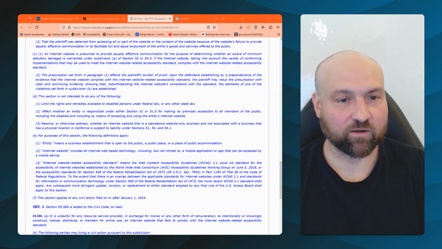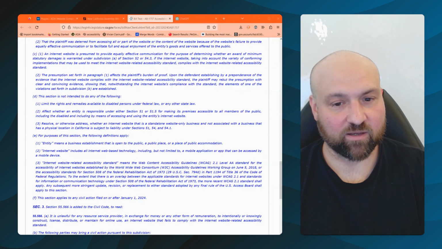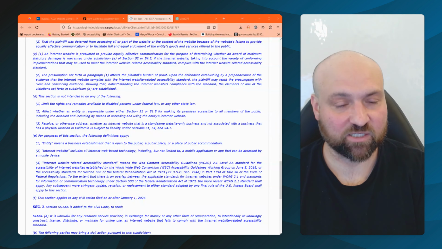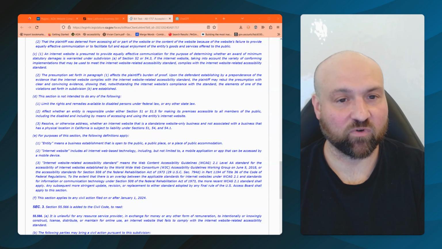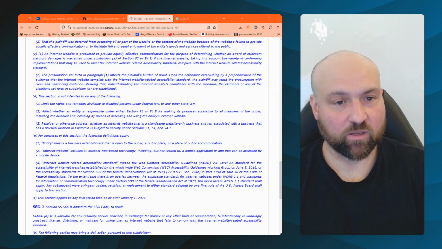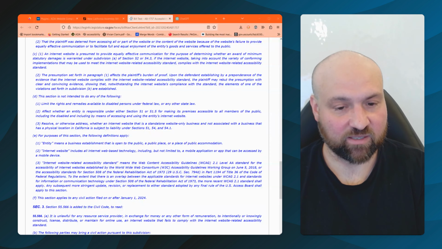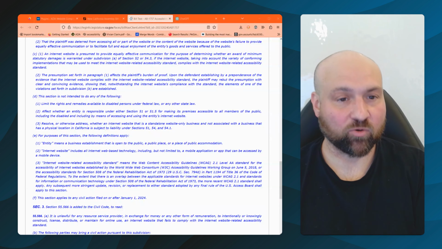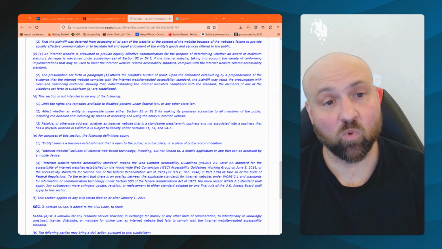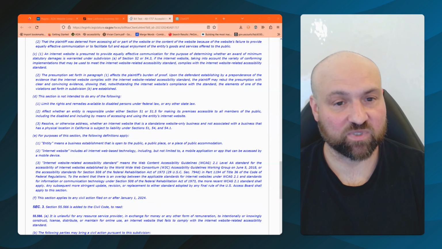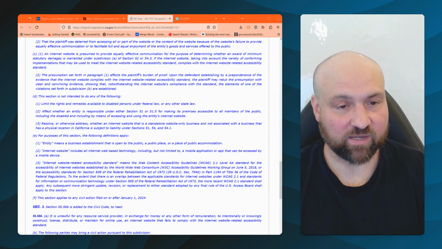But to summarize here, this is proposed legislation that is up for approval. It would increase litigation significantly if passed, and I think you would see more plaintiffs' law firms enter into this space.